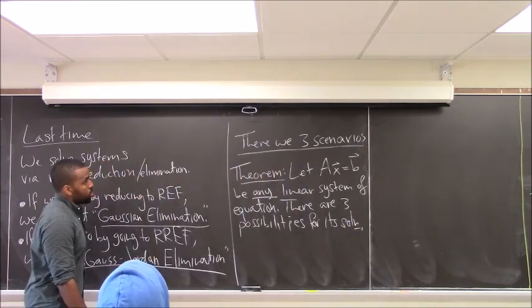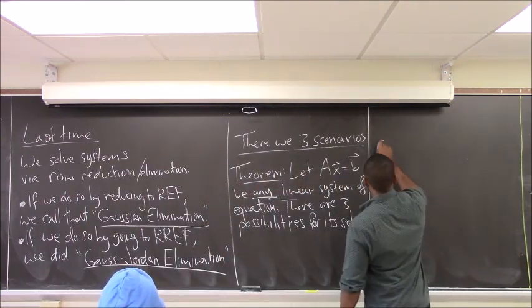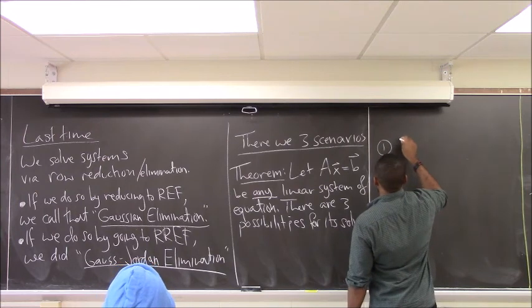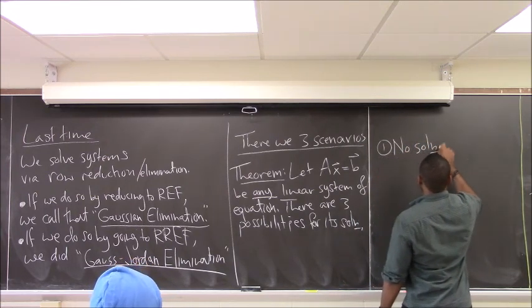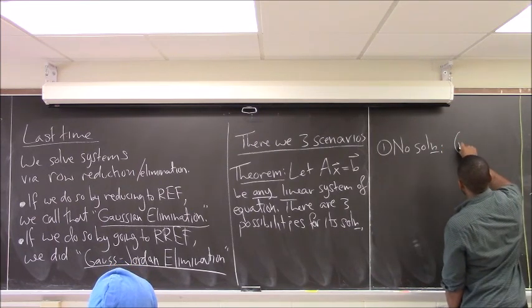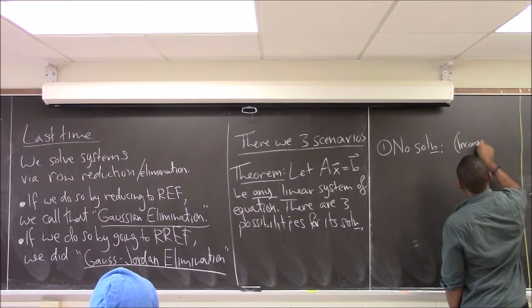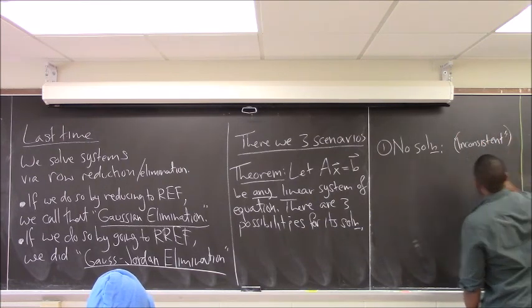You will end up in one of 3 situations. 1, there is no solution. Okay. And we call this inconsistent. So you can say you have an inconsistent system.